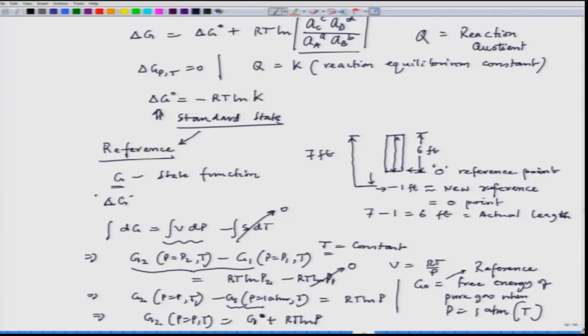So, it is up to you, but as per the convention everybody follows, pressure is considered to be 1 atmosphere. So, that is what is called standard. So, pressure is important; temperature I can have standard value at 273 Kelvin, I can have standard value at 400 Kelvin, I can have standard value at 1000 Kelvin.